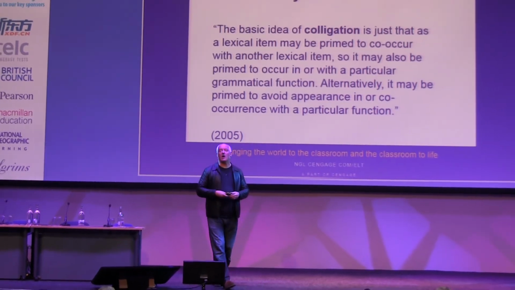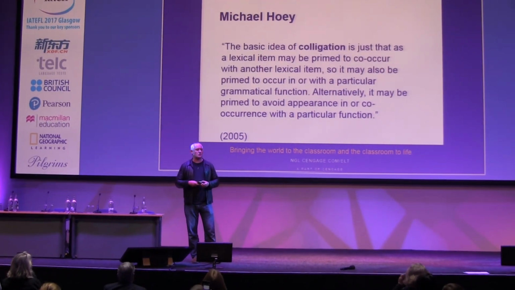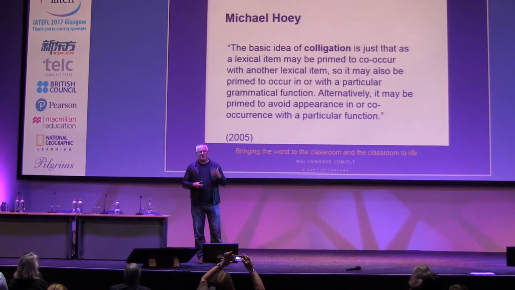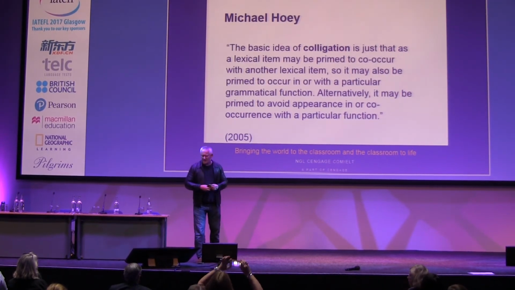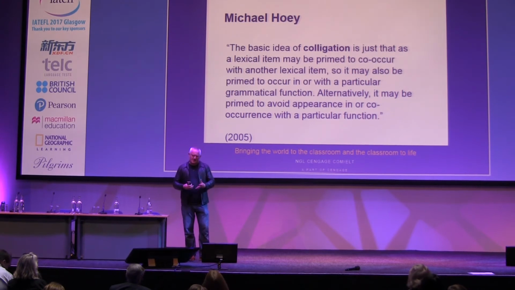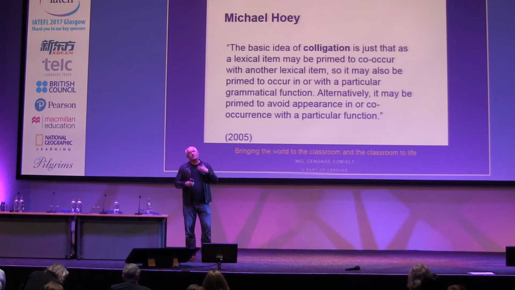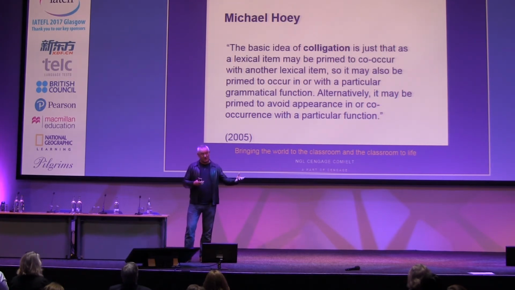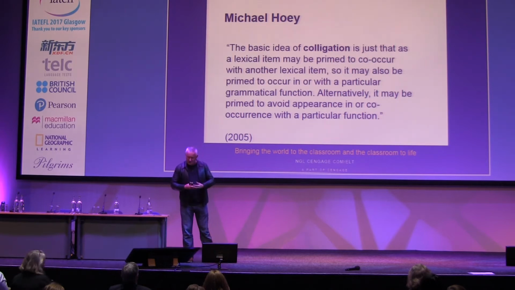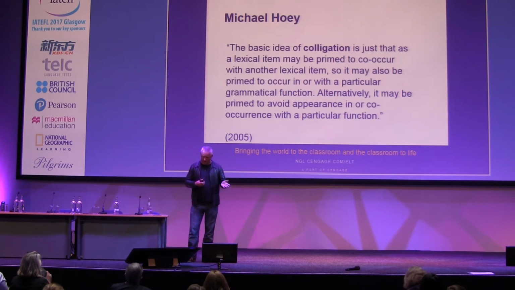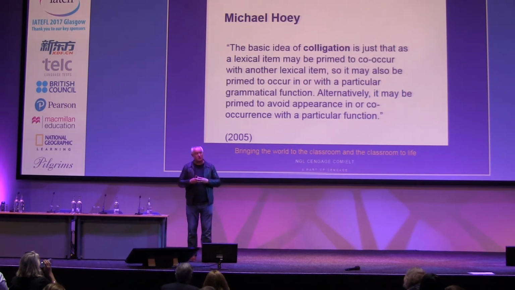Some of you may know Michael Hoey's book from 2005 called Lexical Priming, a new theory of how words and language work. Hoey basically said, just as when you're learning a word, the item may be primed or conditioned to co-occur with other lexical items in terms of collocation, it may also be primed to occur, or you may be conditioned to expect it to occur, with particular grammatical features or functions.